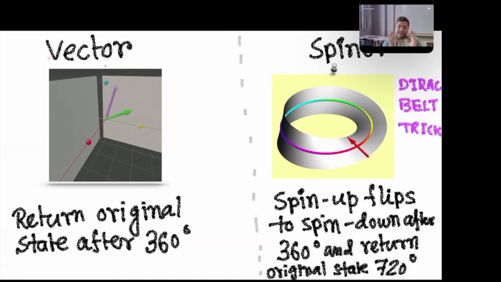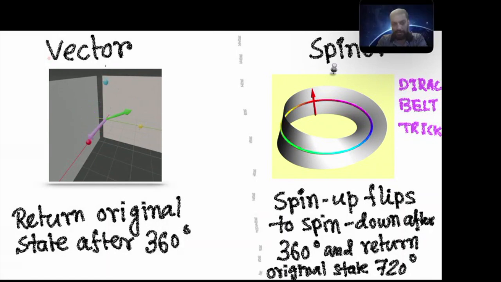So when we make a 360-degree rotation of a given physical quantity, if it returns to the original position, with some magnitude and direction, we define that physical quantity as a vector. This is very well known to us.